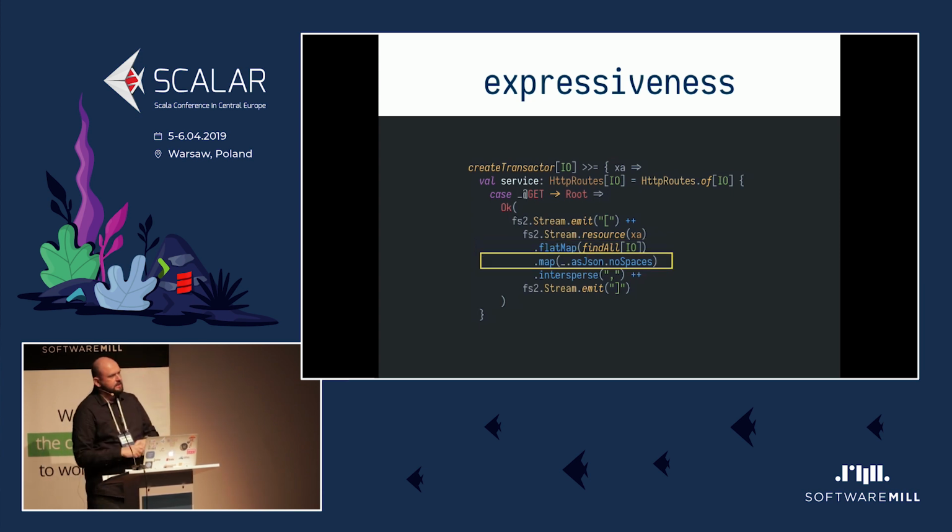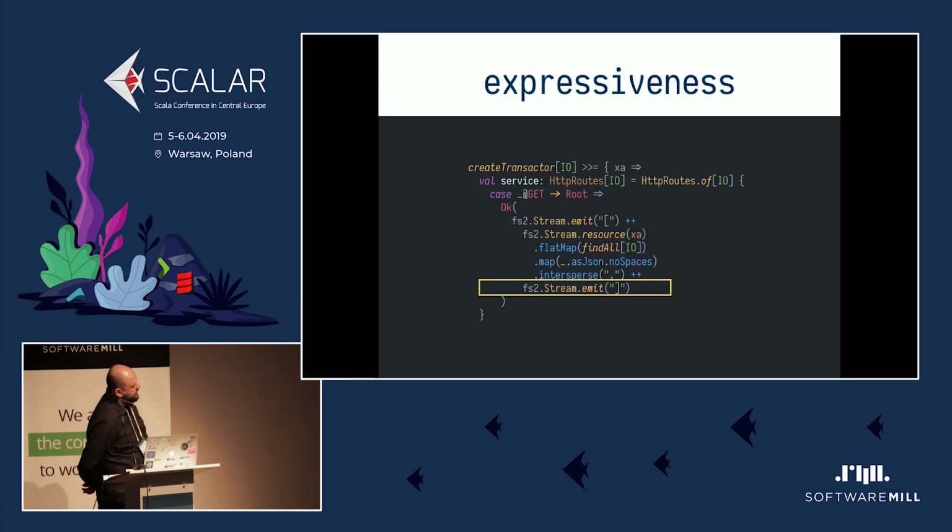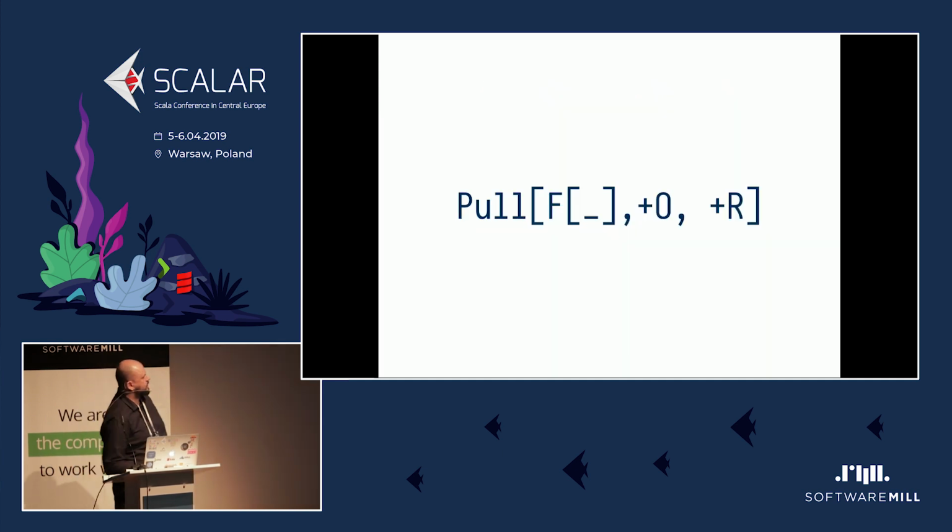And for every item in that stream from Doobie, I need to map to the JSON, then intersperse every item with the comma, and at the end I need to add the right bracket to have a fully working solution. There is an example that you can run at home, so that works. So that's all for the Stream class.